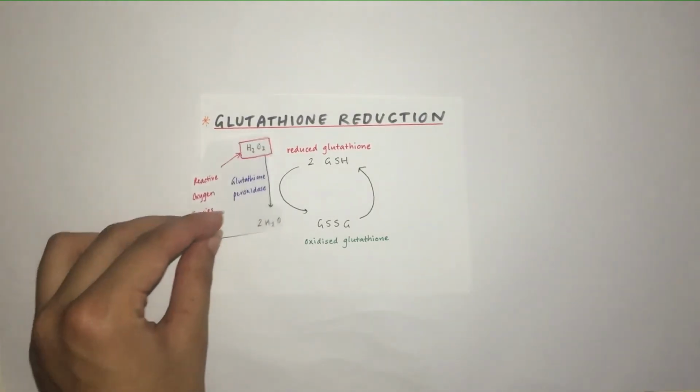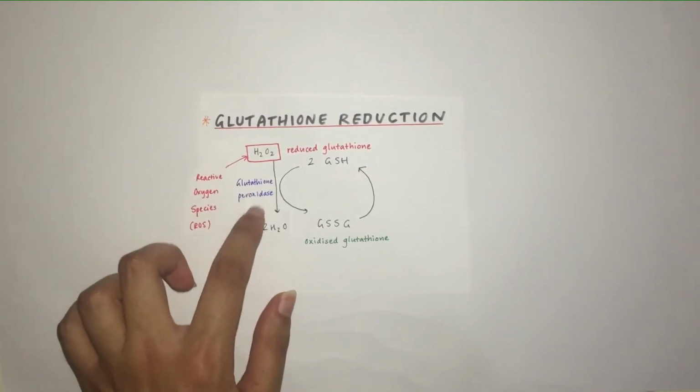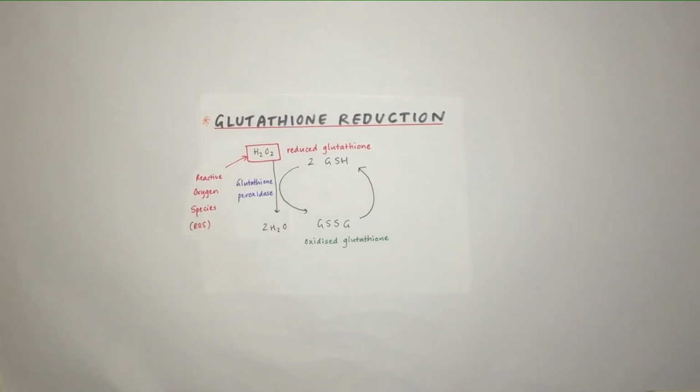Why, you may be asking? Well, it's so that we can convert hydrogen peroxide, H2O2, which is a reactive oxygen species and is dangerous to the body. It's so that we can convert this hydrogen peroxide to 2 water molecules, which are non-toxic, and we can maintain balance within the body.